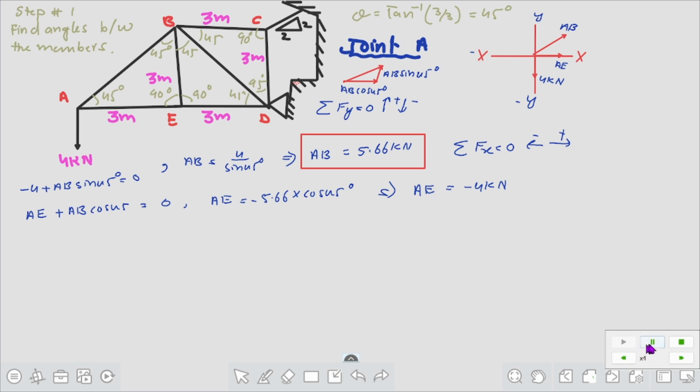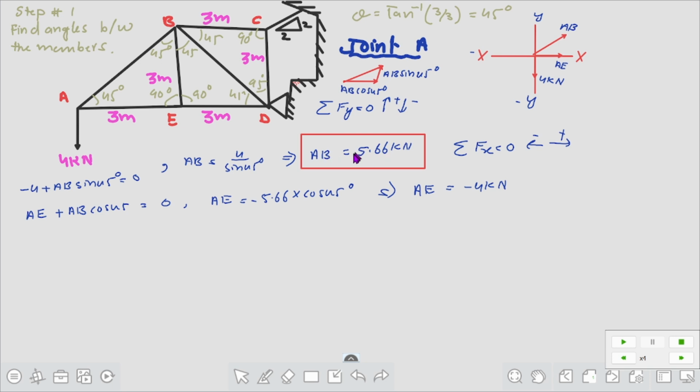This negative means that I assumed AE in tension, and that was wrong. It is actually in compression. A negative sign shows that your assumption is wrong, and a positive sign shows that your assumption is right.